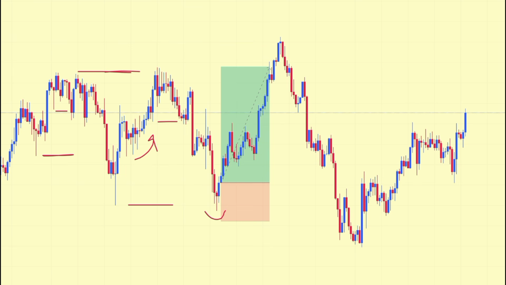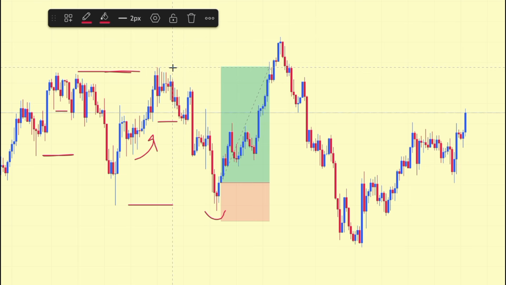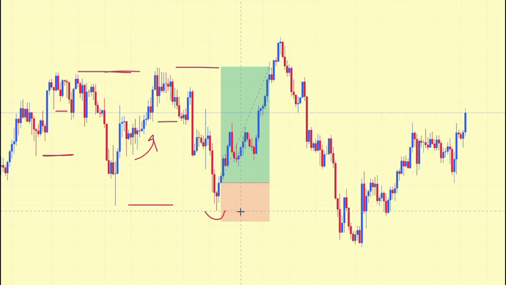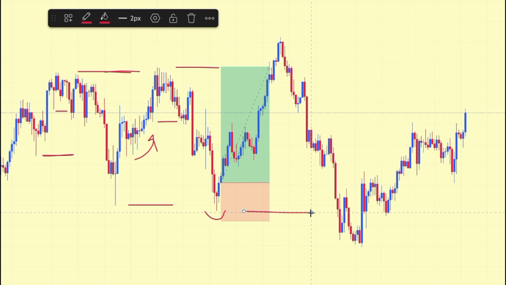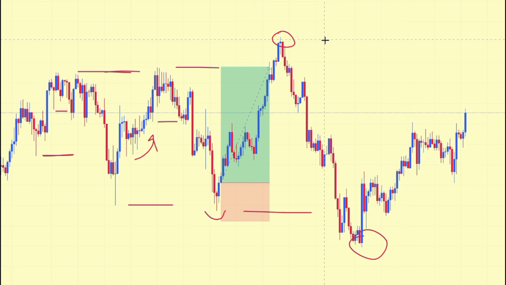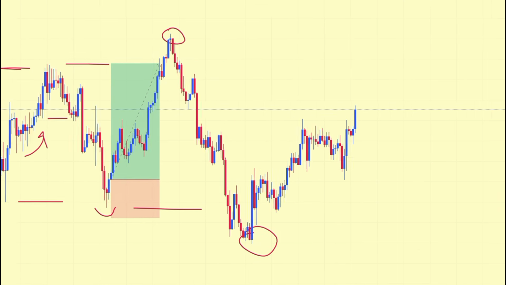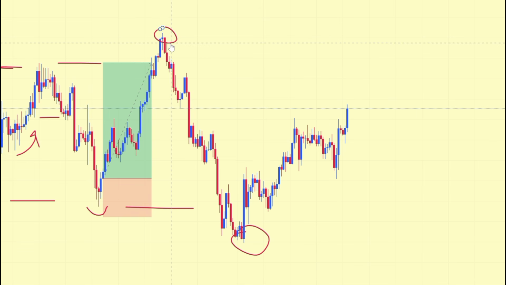Of course this here will make a break of structure, and we can clearly see that price headed lower after that and created a change of character. So this means that we are back to bearish, and this one here is our high, and this one here is our low. Let me get rid of this one.